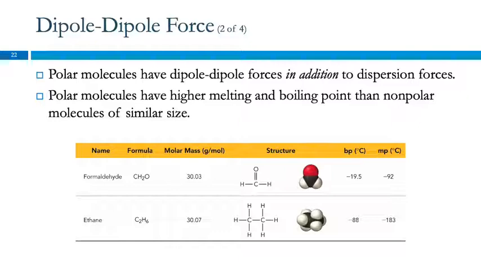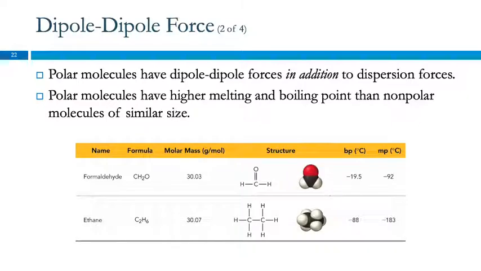But then there's also a second force, the dipole-dipole force, that's present if the molecule is polar. So what we're doing here is comparing two compounds that have the same molar mass. So we can say that the strength of their dispersion force is pretty much the same. This difference is not due to one being larger than the other. It's due to this one being polar and having a permanent dipole where there's always attraction between neighboring molecules.